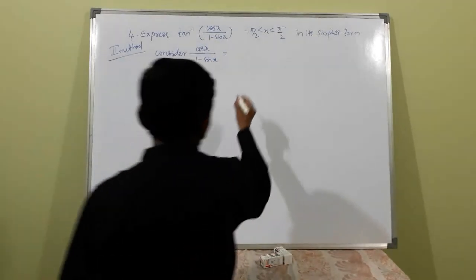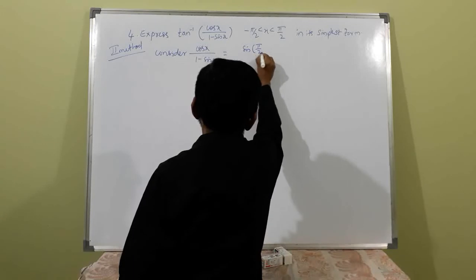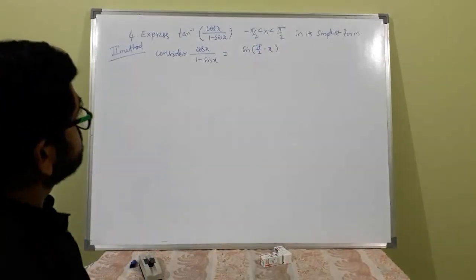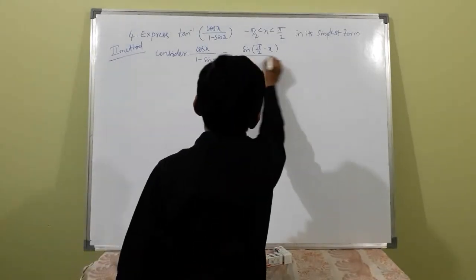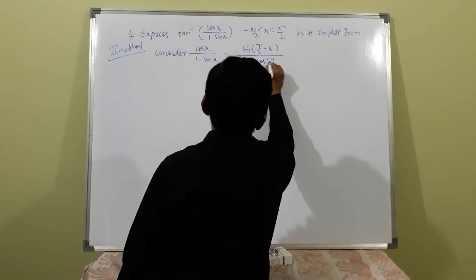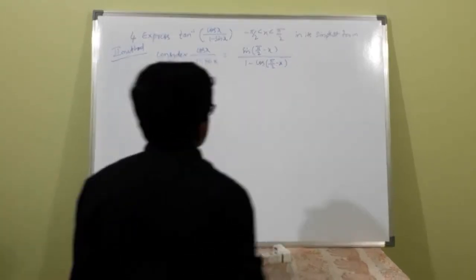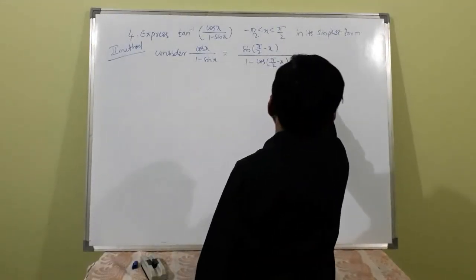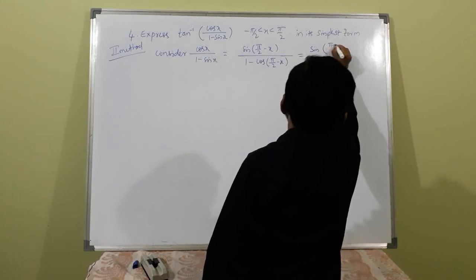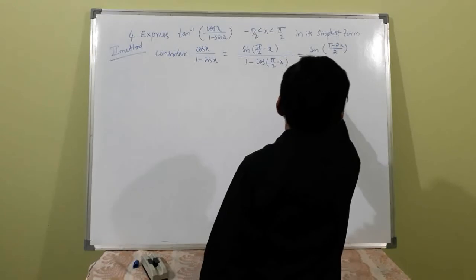This is equal to sin of 5 by 2 minus x over 1 minus cos of 5 by 2 minus x, isn't it? This is sin of (5 minus 2x) divided by 2 over 1 minus cos of (5 minus 2x) divided by 2, taking LCM.